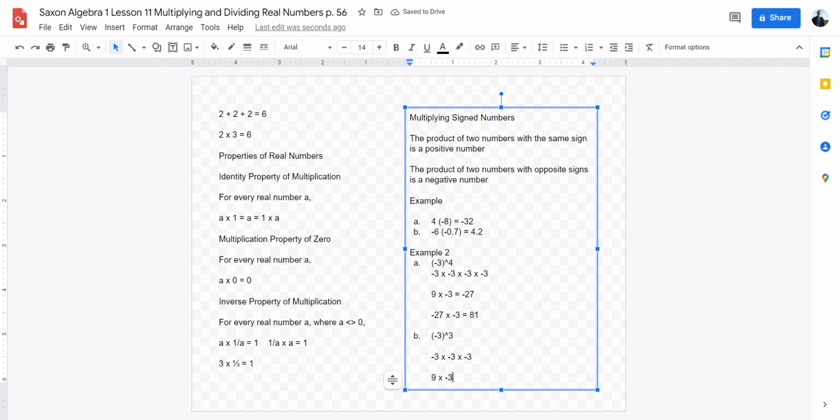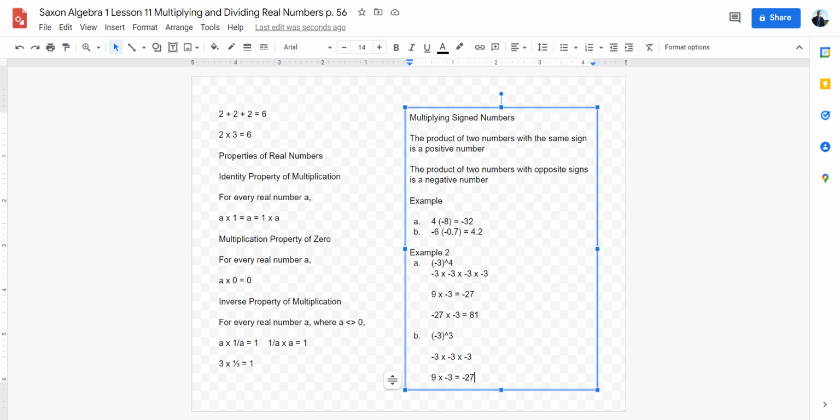I have a positive because -3 times -3 is 9. They have the same sign. Now I have this positive 9 times -3. That's going to give me 27, but I have a positive times a negative. They have opposite signs, so it has to be -27. When you have a negative base raised to an odd exponent, you're always going to end with a negative number.